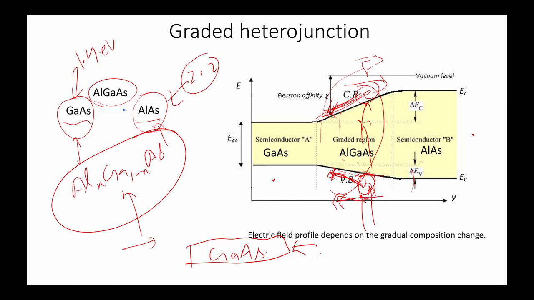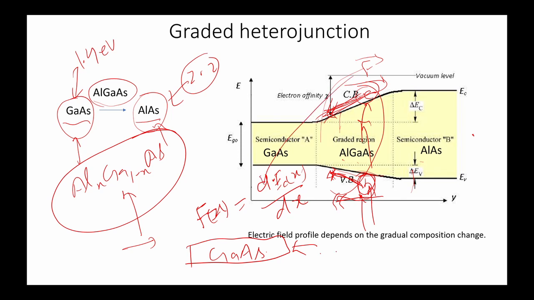Now another thing we can see is that the field is given by F(x) at any point x equal to d(Ec(x))/dx. That is for the electrons.